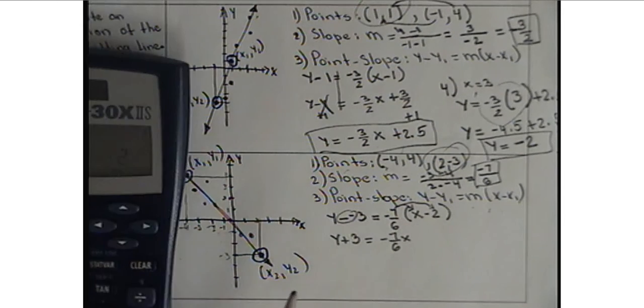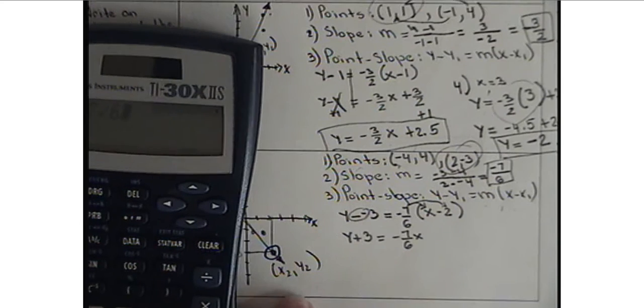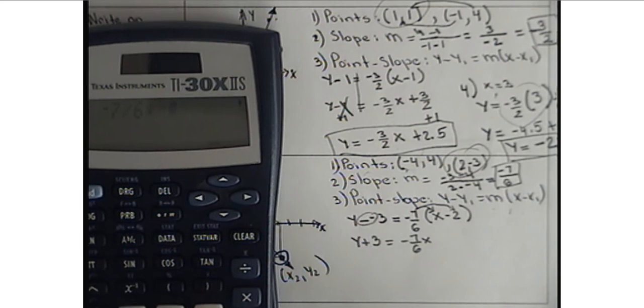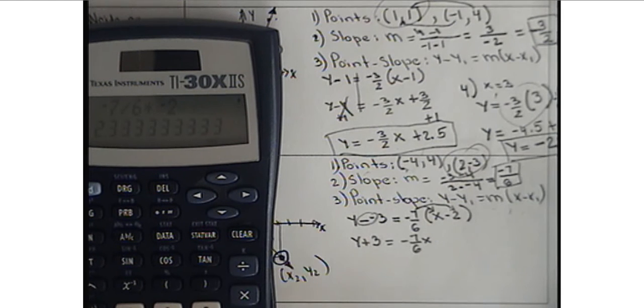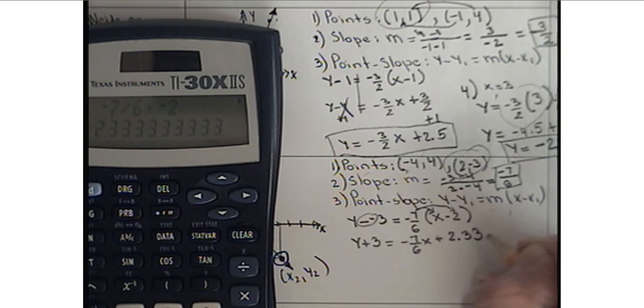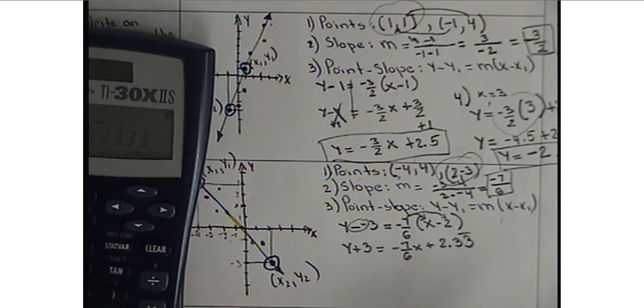Let's go ahead and find out what this is equal to. So negative 7 over 6 on the calculator, and then times negative 2 will give us plus 2.33. Okay, repeating number, we can use that one, that is perfectly fine.